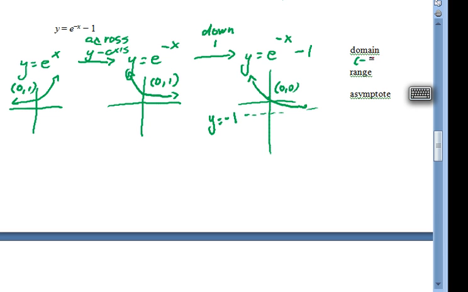So domain, all reals, range negative 1 to infinity, not including the negative 1, y asymptote y equals negative 1.